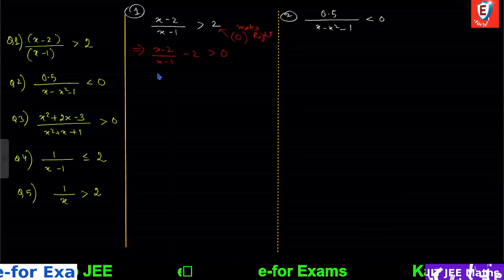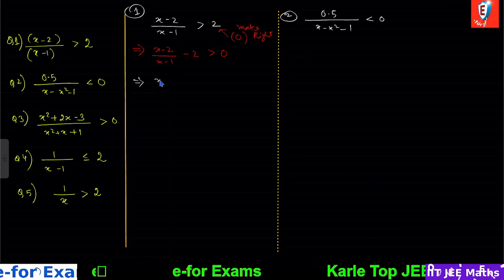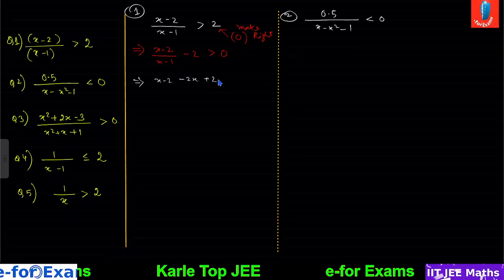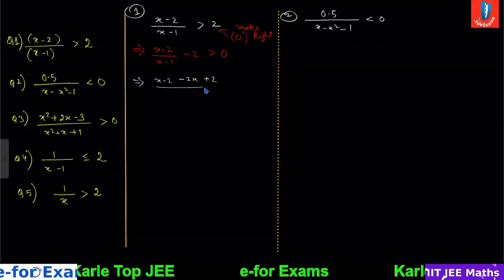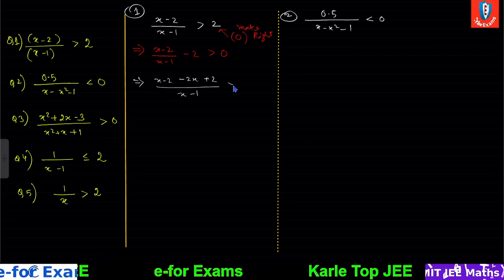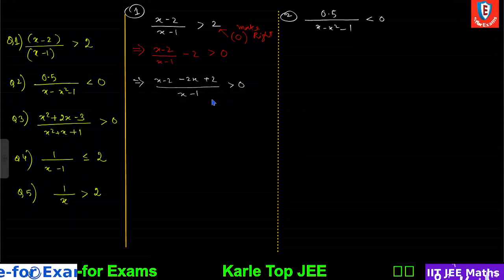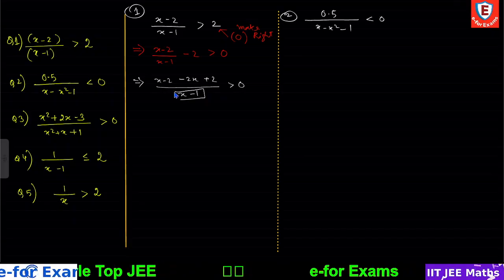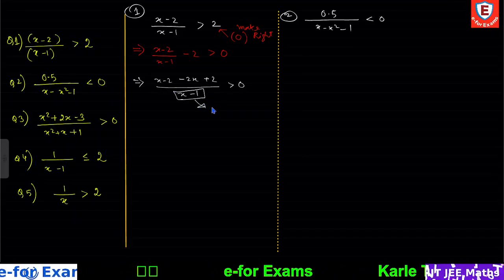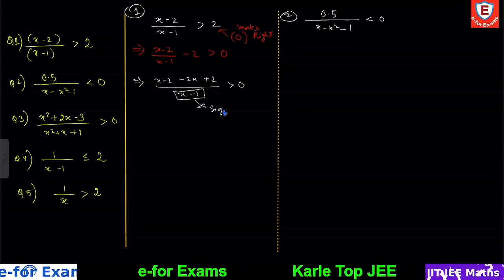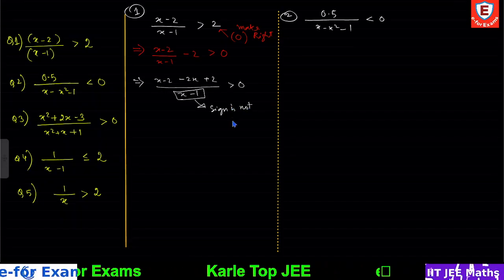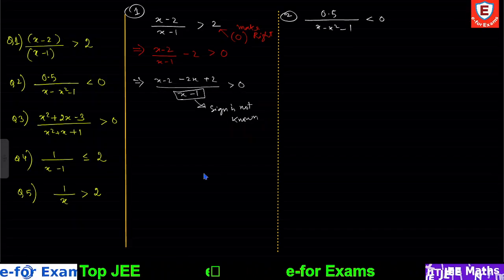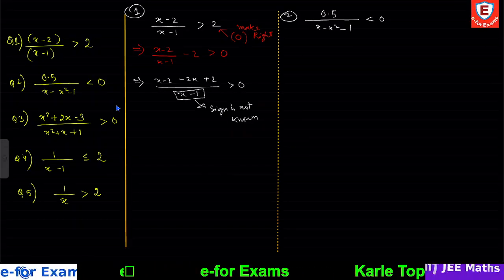This implies x minus 2 minus 2x plus 2, divided by x minus 1, greater than 0. I cannot cross multiply here because I don't know the sign of x minus 1.